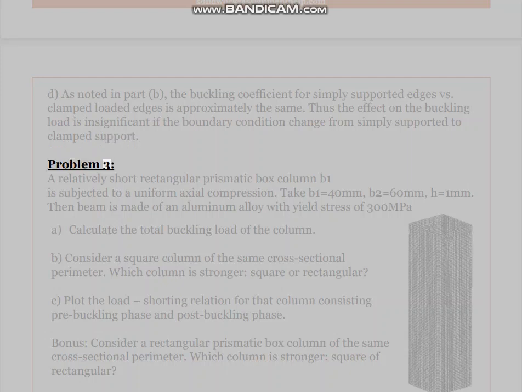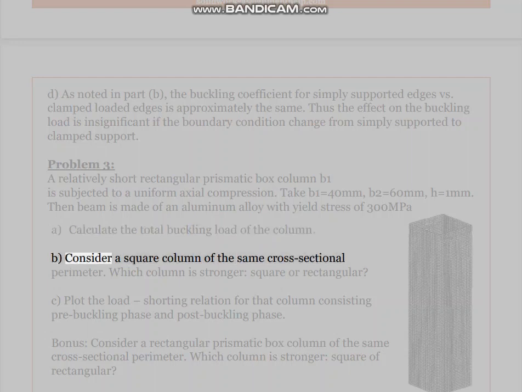Problem 3. A relatively short rectangular prismatic box column is subjected to a uniform axial compression. Take B1 equals 40 mm, B2 equals 60 mm, h equals 1 mm. The column is made of an aluminum alloy with yield stress of 300 MPa. A. Calculate the total buckling load of the column.